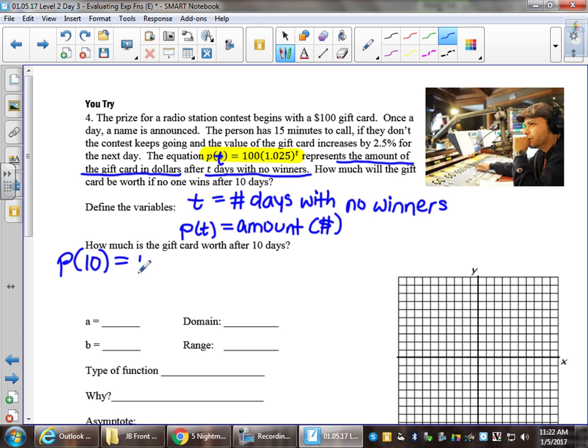So that's going to be 100 times 1.025. And then instead of a T, what am I going to write? 10. Go for it. Find the value of the gift card. Use your calculators.